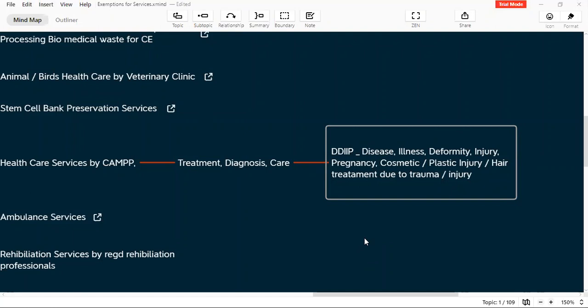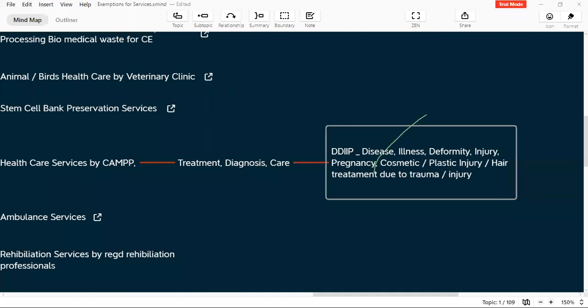What hospitals nowadays prescribe is to get plastic surgery done to recover that particular skin. If plastic surgery is done because of injury, then you don't have to pay GST for the same. So plastic or cosmetic surgery in general would be taxable. However, if it is carried out because of any trauma or injury, then it will be eligible for exemption. This is what the government specifically gives an exemption for.